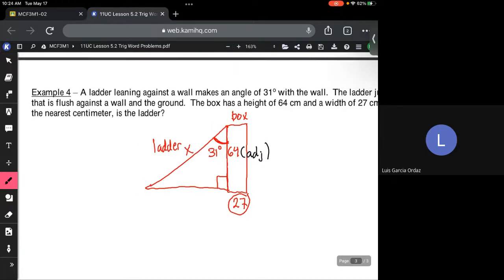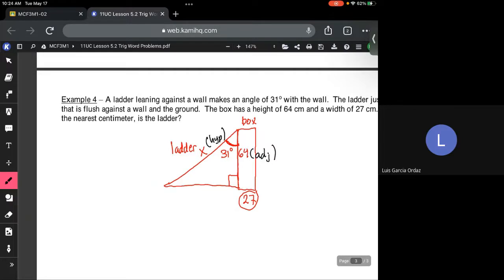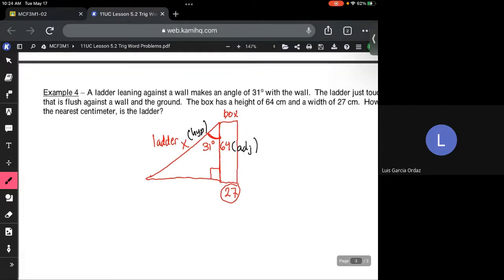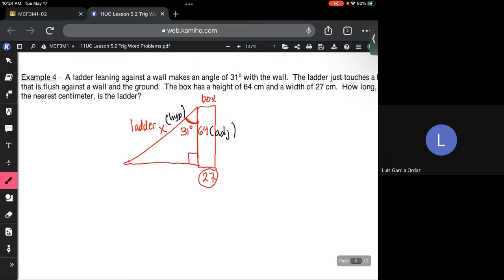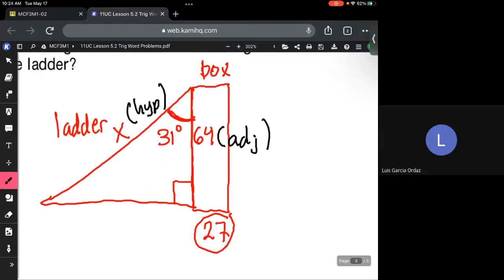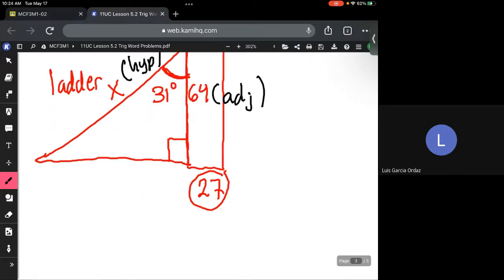The hypotenuse. So, what has adjacent and hypotenuse? Cos. So I'm going to do cos of 31 is equal to adjacent over hypotenuse.